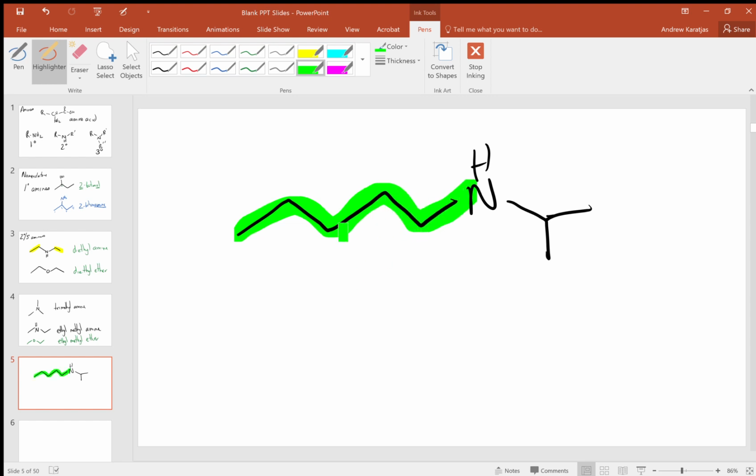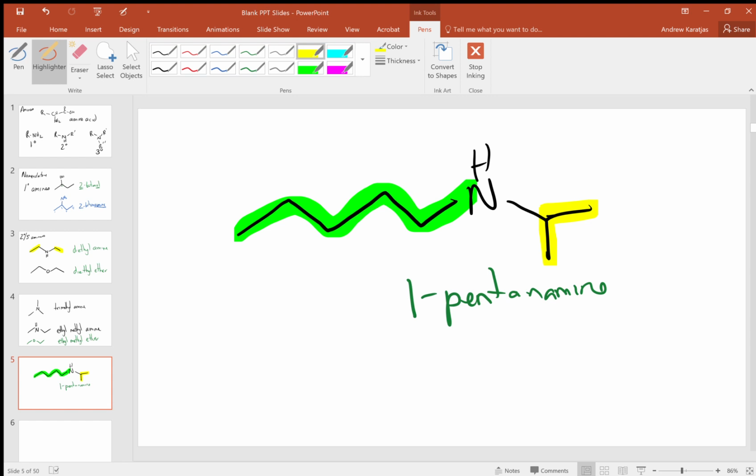So that's a 5-carbon chain with the amine on the first carbon. So we would call it 1-pentanamine. And then any other groups we would name as substituents. So that's an isopropyl group.